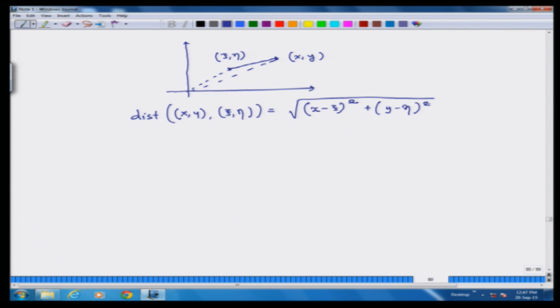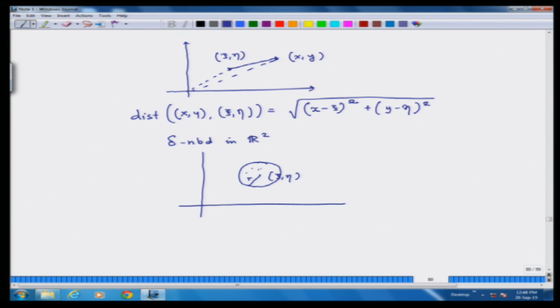Now, how do I now define a neighborhood again? So, what is my delta neighborhood in R2? If you take the point (xi, eta), essentially you have drawn a circle of radius r. So, what is a circle of radius r?